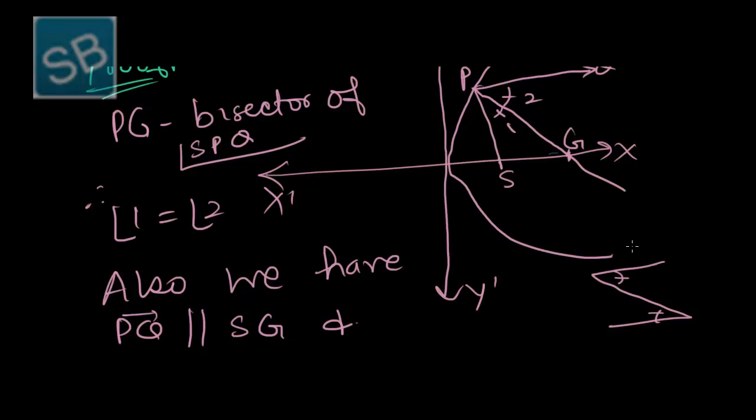Then these two angles, angle 2 and angle 3, both will be equal as PQ is parallel to SG and PG is a transversal line.